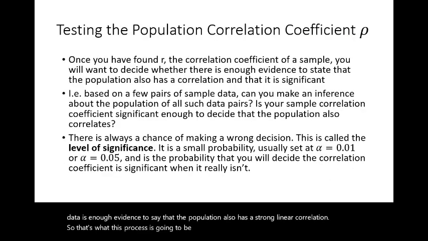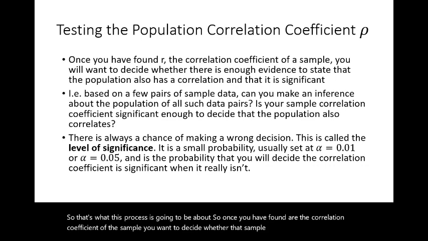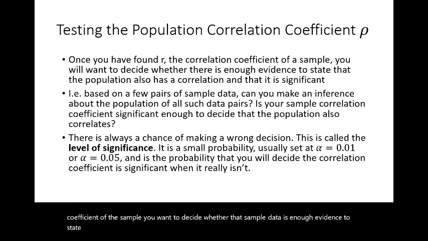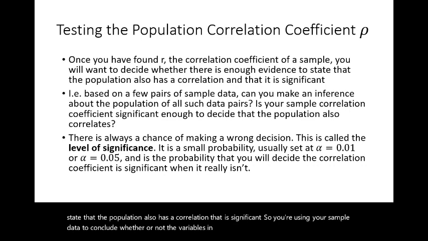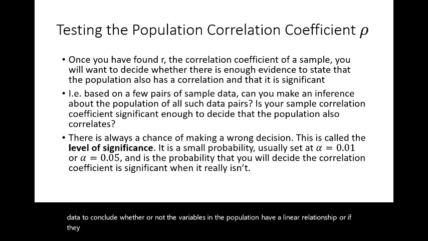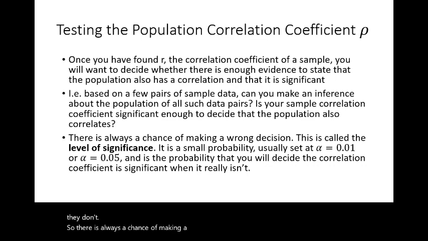Once you have found R, the correlation coefficient of the sample, you want to decide whether that sample data is enough evidence to state that the population also has a significant correlation. So you're using your sample data to conclude whether or not the variables in the population have a linear relationship or if they don't.